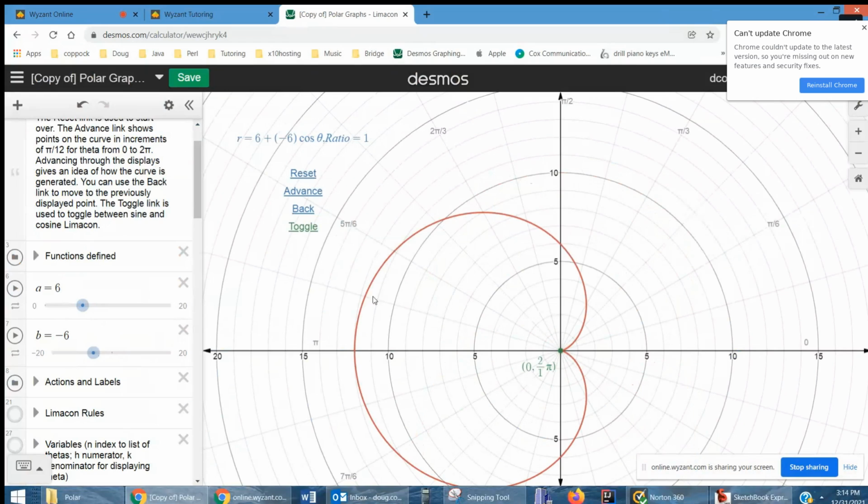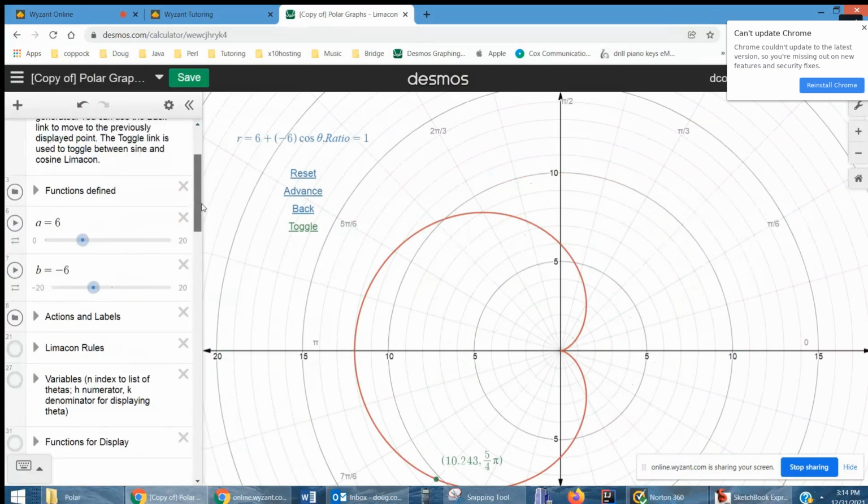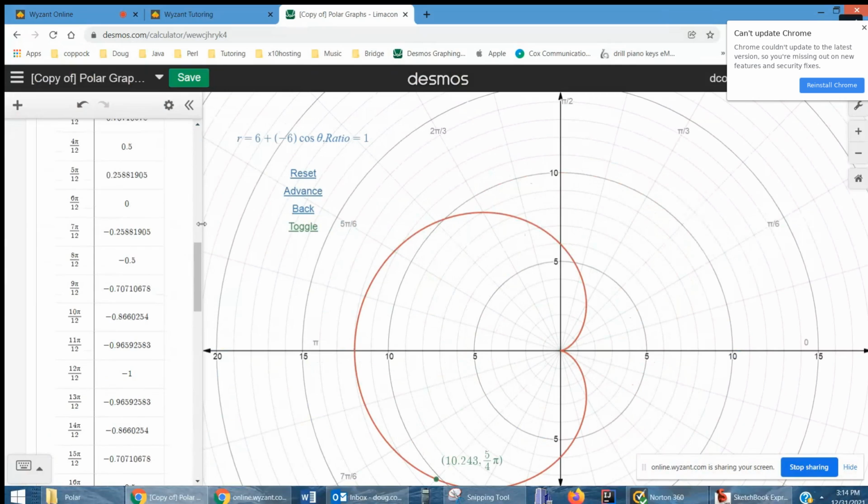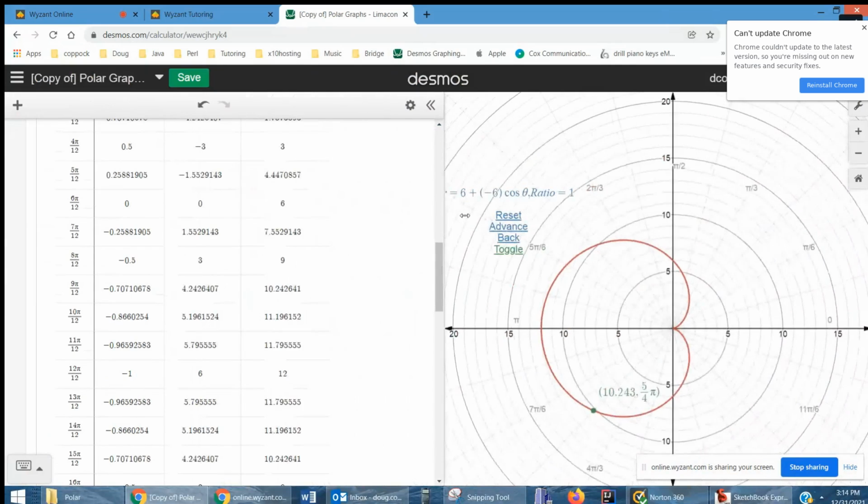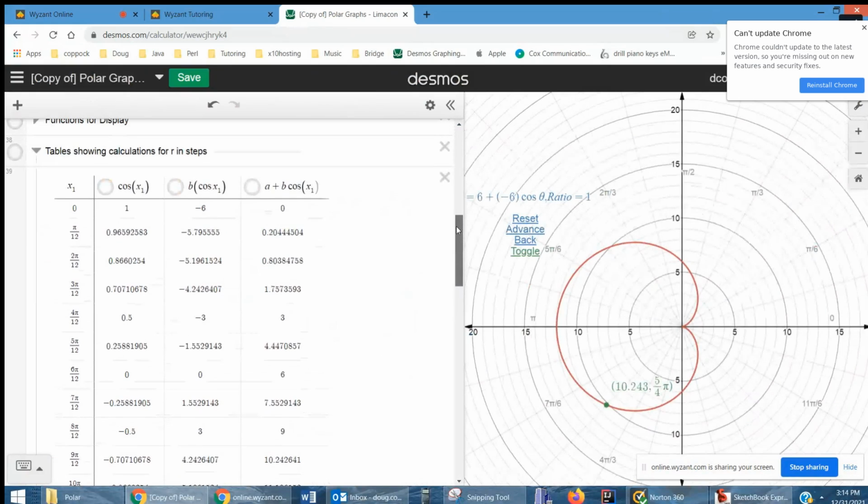Okay, and if I click reset and then advance, there are all the possible values in increments of pi over 12, actually. And down here, there's a table that shows you those intermediate results for 0, pi over 2, it's right here, and so on.